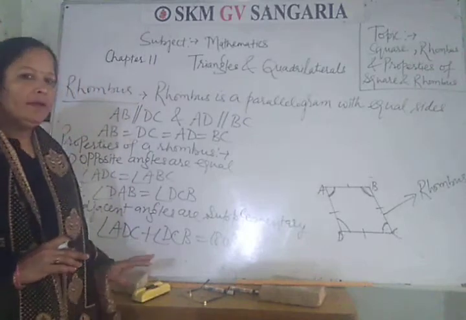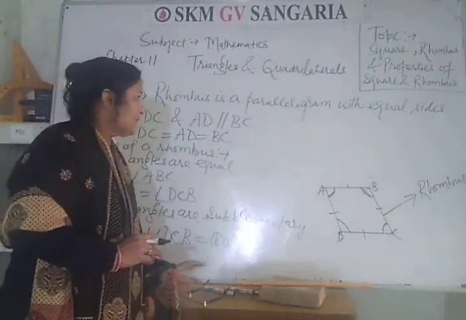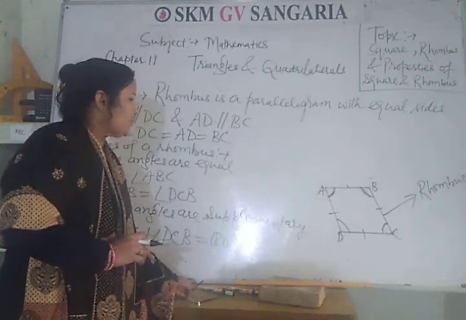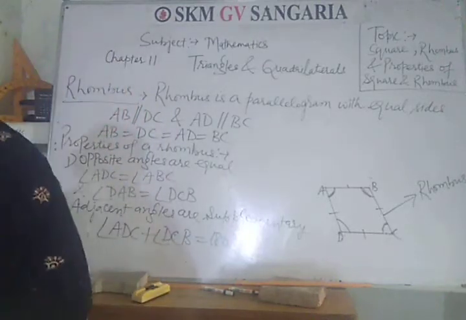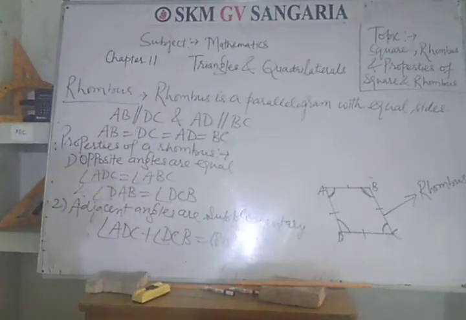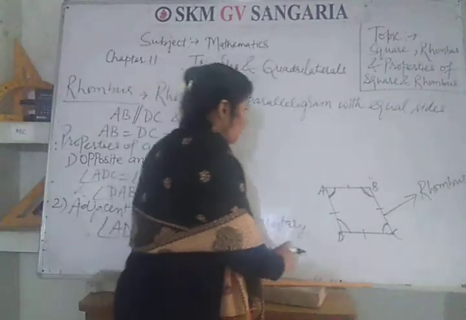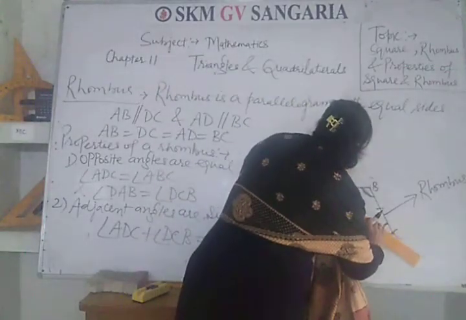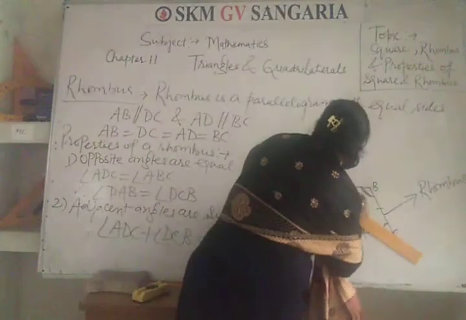Then the third property is the diagonals bisect each other. AO will be equal to OC and OB will be equal to OD. When we join two opposite vertices, a diagonal is formed.